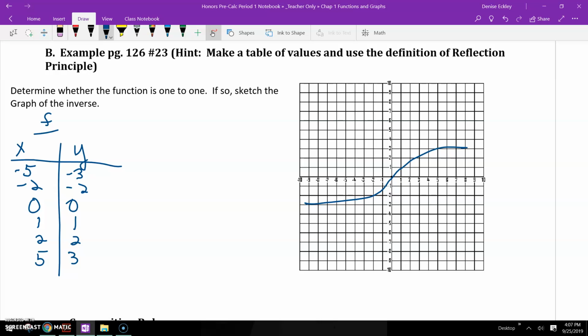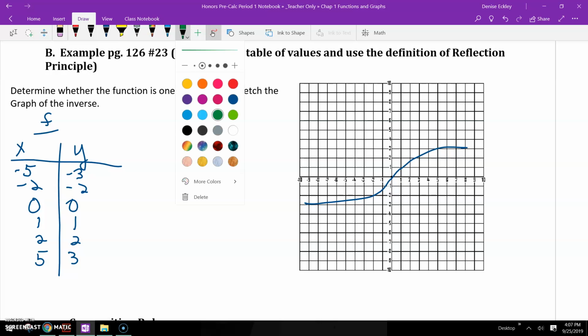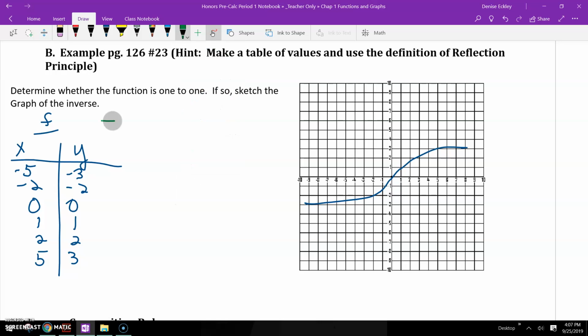Okay, so then to do the inverse, what we're going to do is switch x and y, because what happens with the inverse is the domain is the range and the range is the domain. So we are going to have an xy table that looks like this. So let me write that, switch x and y.